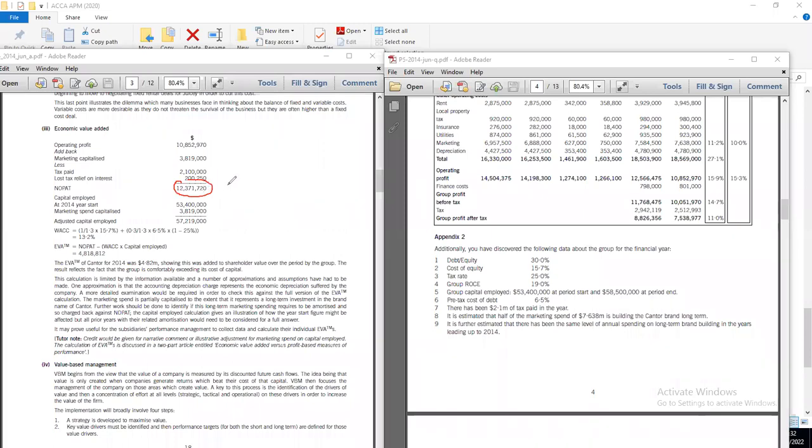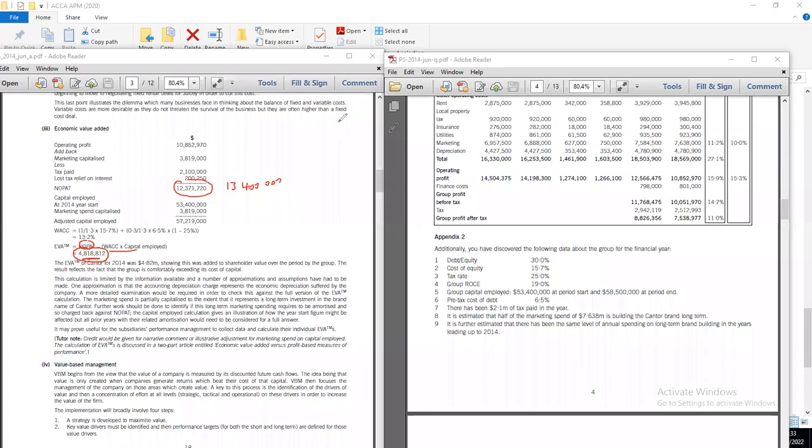You have maybe something like 13 million. That's a figure that you use. So of course, the mark which was allocated for NOPAT, you won't get it. But everywhere else now, you are right. You get everything right. So now when it comes here, NOPAT is wrong, and you use your wrong NOPAT to take out the capital charge, and you get the answer here. How will the examiners mark this answer? Will they penalize you again here? The answer is no. Get that very right.